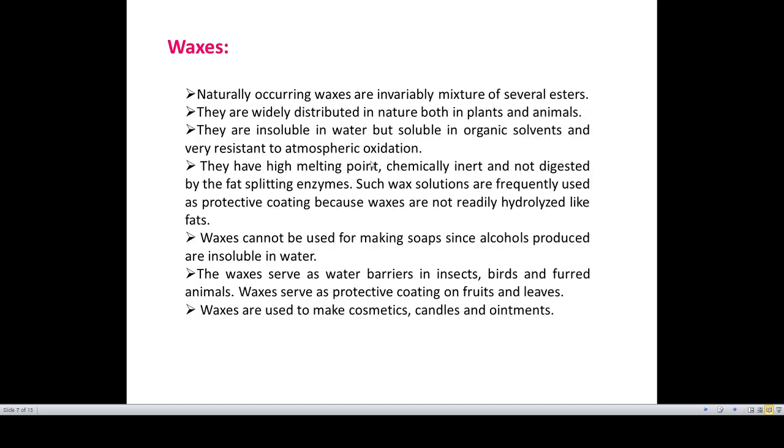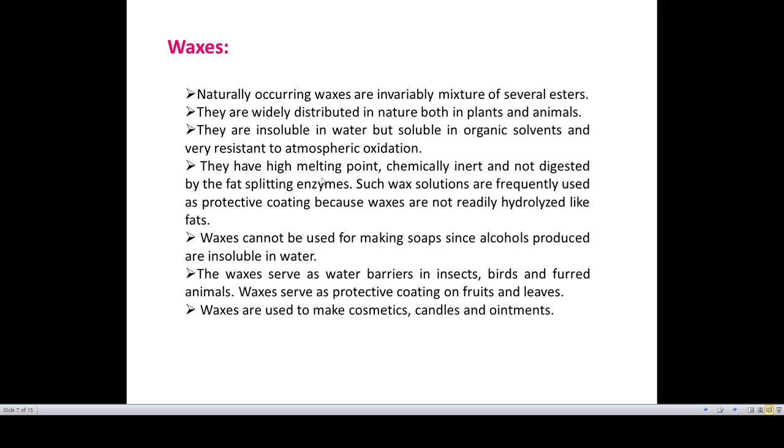Coming to the general features of waxes, naturally occurring waxes are invariably mixtures of several esters. They are widely distributed both in plants and animals. Coming to solubility, they are insoluble in water but soluble in organic solvents, and a special property is that they are highly resistant to atmospheric oxidation.